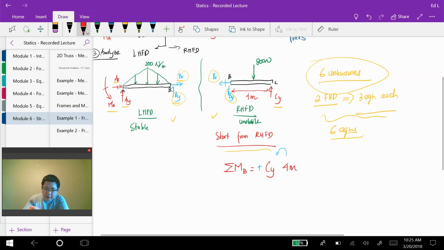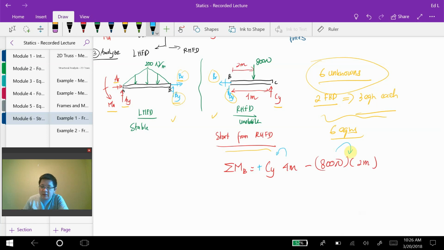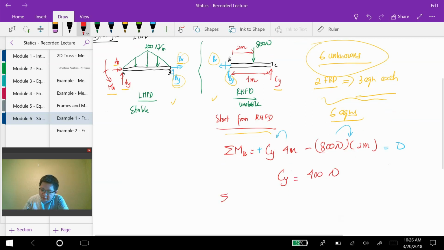Then the 800 Newton force is located 2 meters away from point B, so we have 800 Newton times 2 meters, and this force causes clockwise rotation, so it has a negative sign, and we set it equal to 0. Solving this expression, I obtained that Cy is equal to 400 Newton. Then doing the sum of the forces in the y direction, I have Cy minus By minus 800 Newton equal to 0.